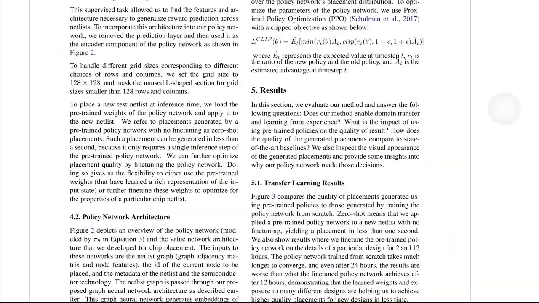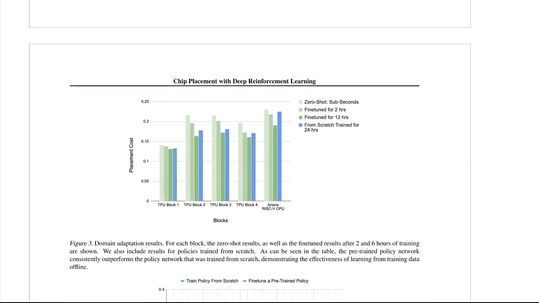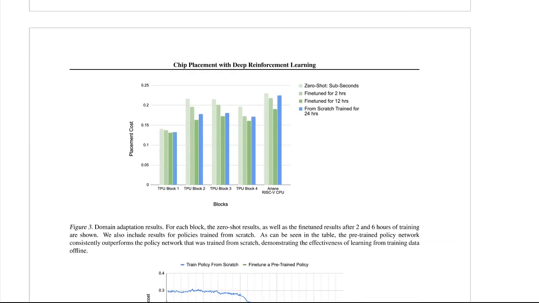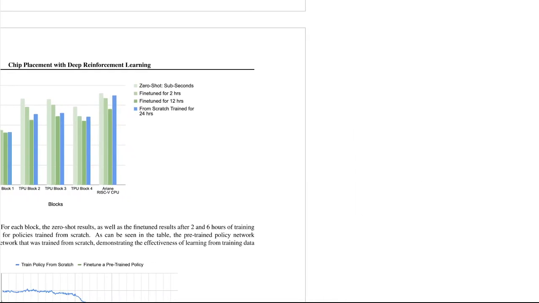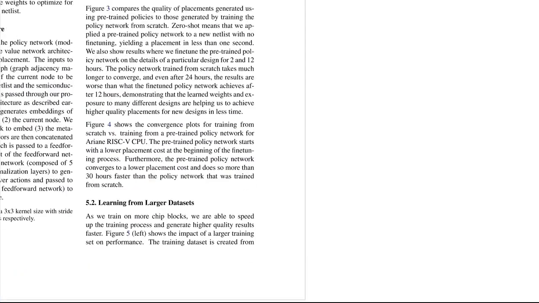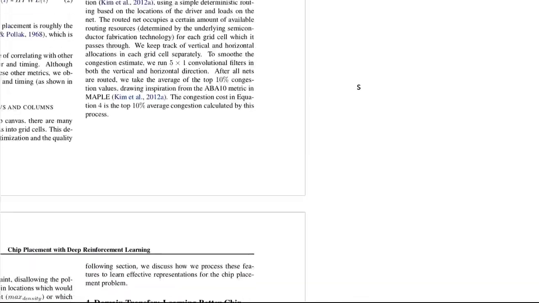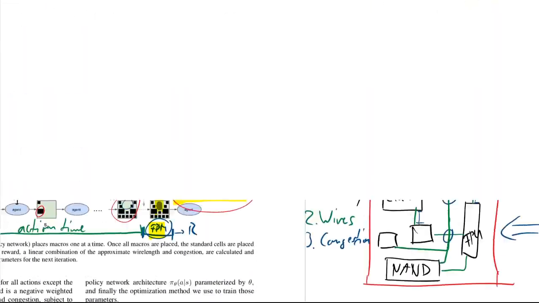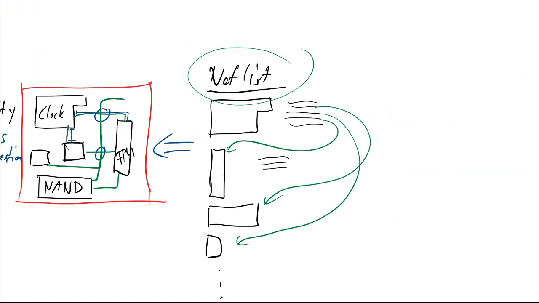All right. The last thing they do is transfer learning. Now, finding a better architecture for a single board is already better and faster than the humans. But what is cool is that if you have now trained on this one particular board, with one particular netlist, we've solved that.